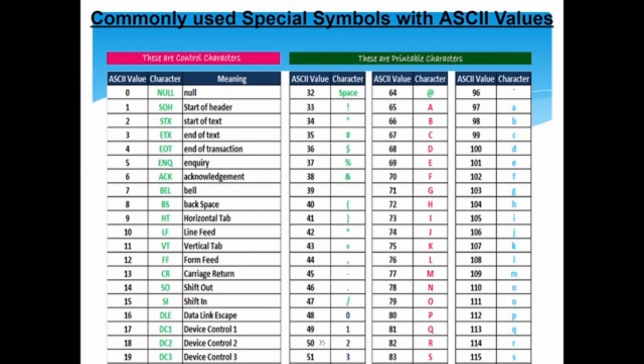You can check that for different characters you have different ASCII values, and you can check the control characters and the printable characters. If you want to print A, then you can't directly get A, you will be getting the ASCII value for it. And for B it is 66, and for small letters there are different ASCII values.